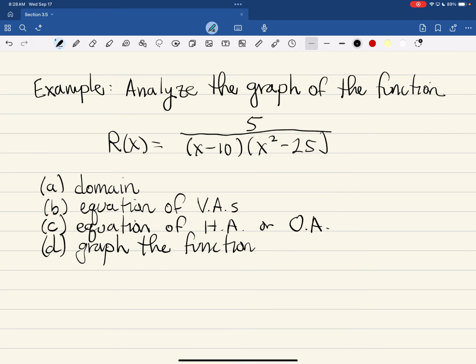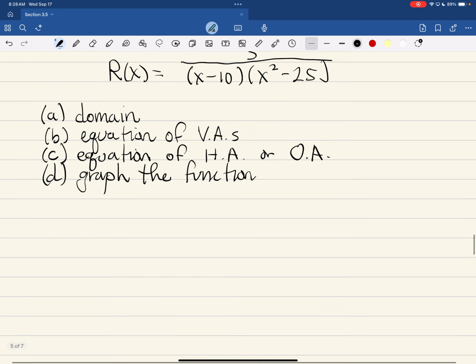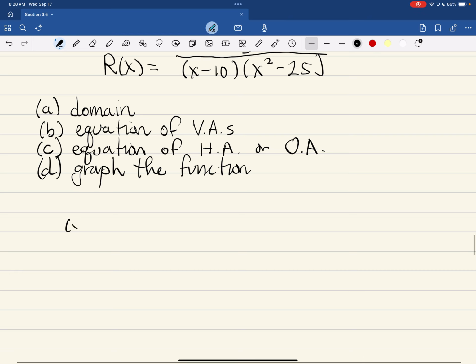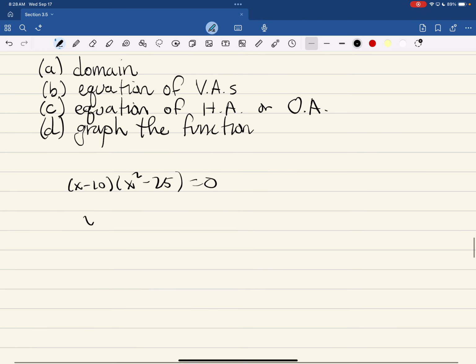Right. So we'll look at what's the domain. So we need to set the denominator equal to 0, to get the vertical asymptotes in the domain. So you have x minus 10, x squared minus 25 equals 0. So either x equals 10, or what are the other two possibilities?